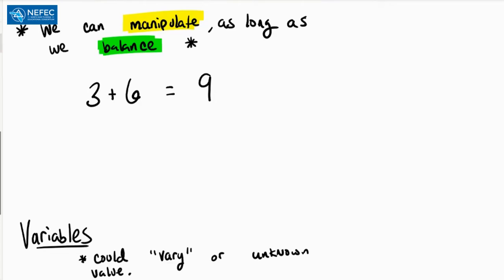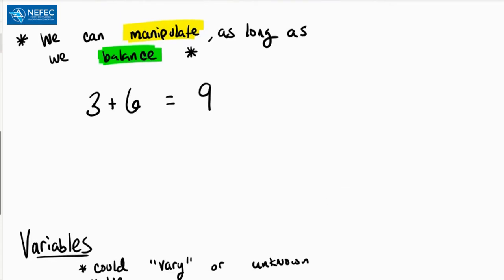Along those lines, we can manipulate equations and move things around as long as we maintain balance. I could just simplify this: 3 plus 6 equals 9, and yes, 9 equals 9. But we can do other things with this as well, as long as we maintain balance. I'm going to change the left side a little.